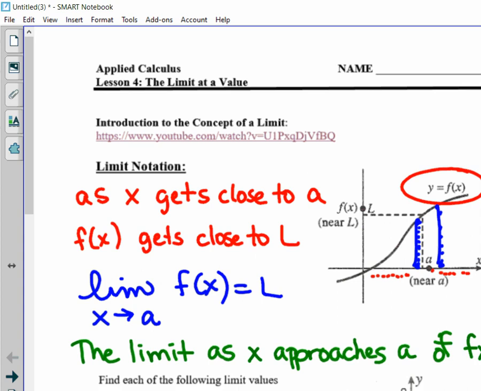And like she showed us with the window in front of the function, even if we don't know exactly what happens when you get to x equals a, even if the function becomes a hole there or jumps to a different point or has a solid point, any of those three situations are still considered to be the same limit, because what we're describing is not what happens when you get there, but what happens when you're very, very, very, very close.